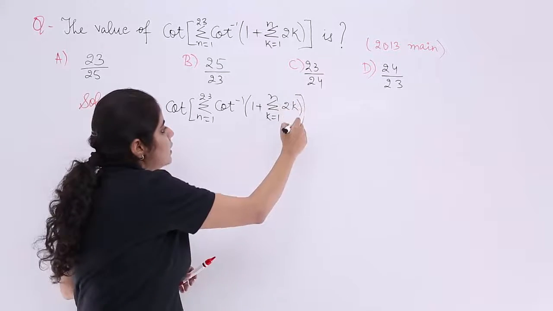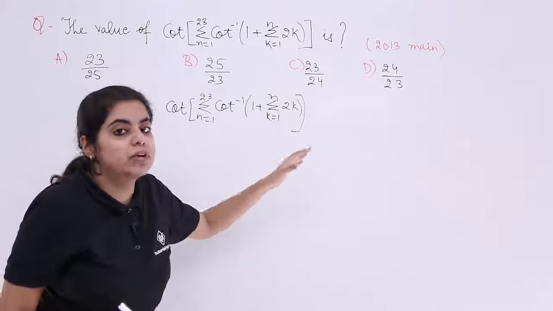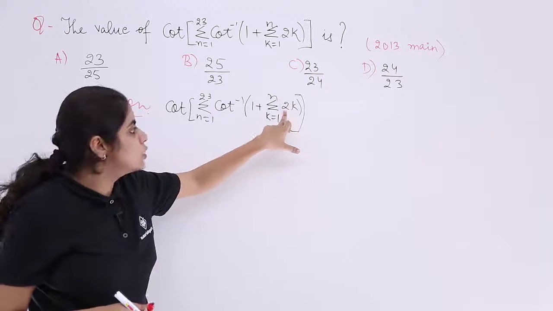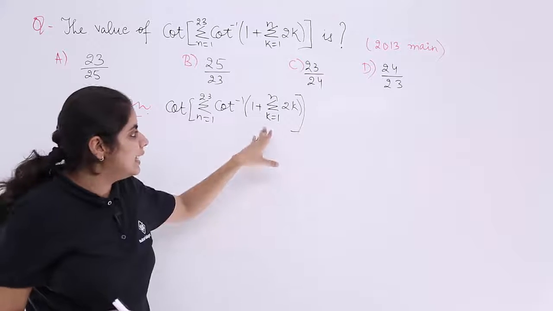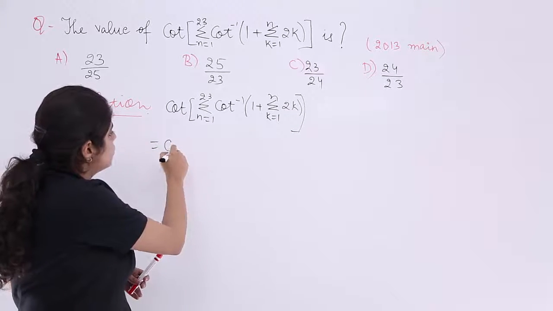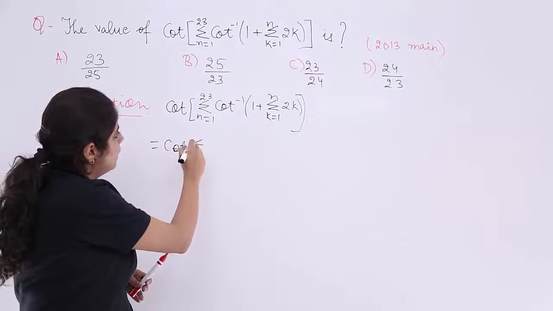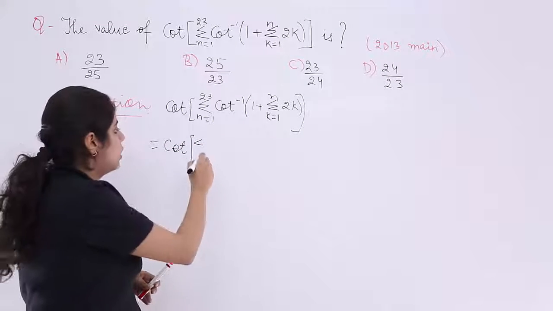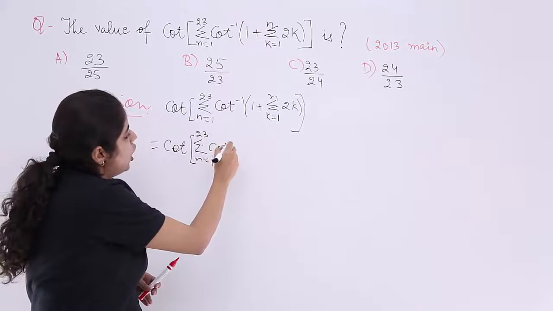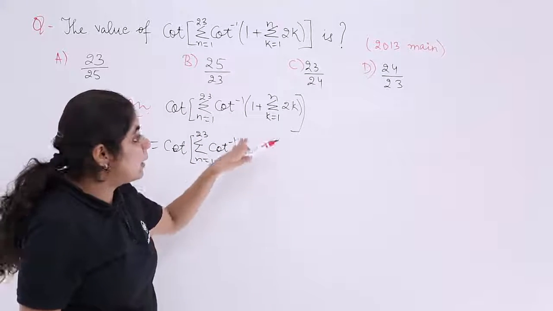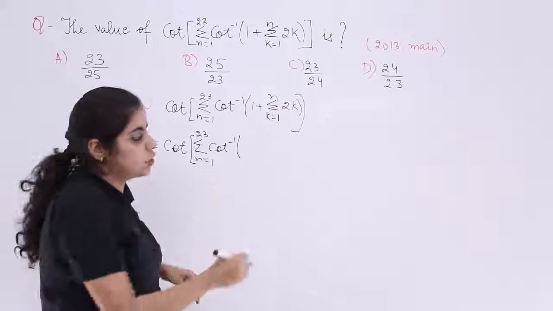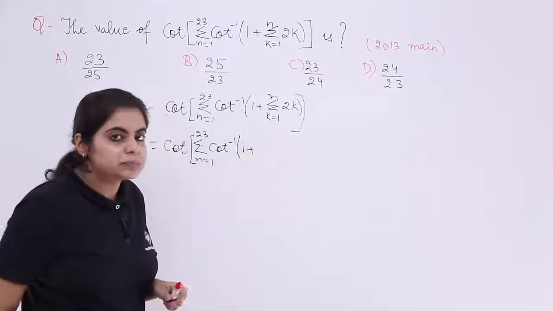I simplify this question by putting different values of k. When k is equal to 1, I mean 2 into 1 is 2. When k is equal to 2, it is 2 into 2, 4, and so on. So, the question changes to cot, then we have a big bracket, n is equal to 1 to 23, cot inverse. Now, we will be applying summation. Let's see it carefully. 1 plus does not change, it will remain 1 plus only.